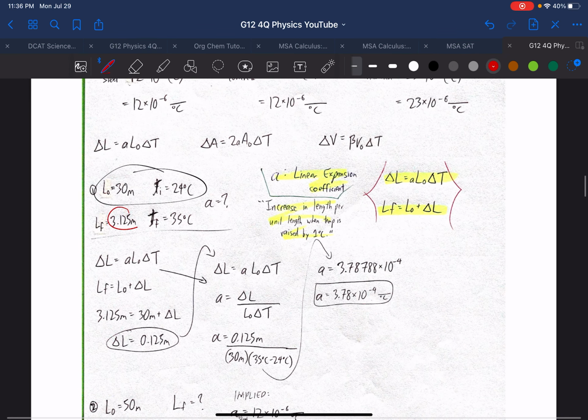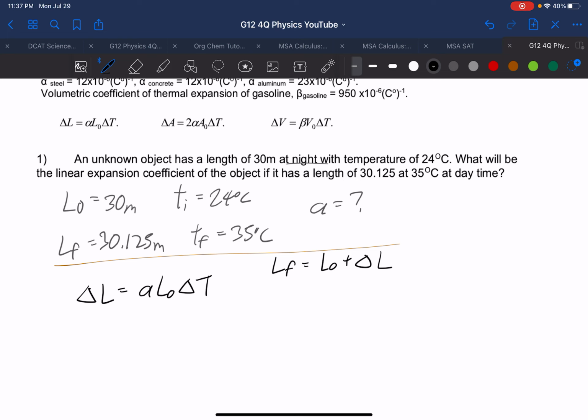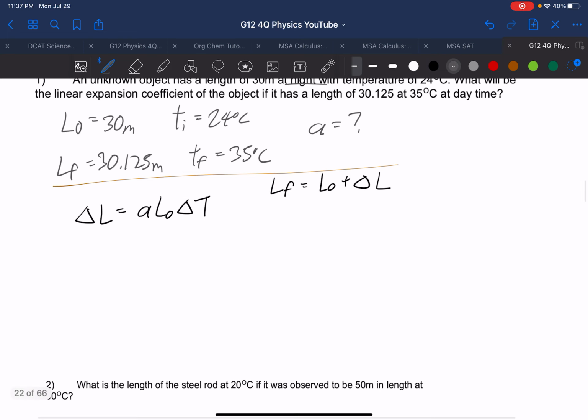Change in L is equal to LF minus LO, and then LF is equal to LO plus change in length. Okay? Change in L, well, let's use that later.